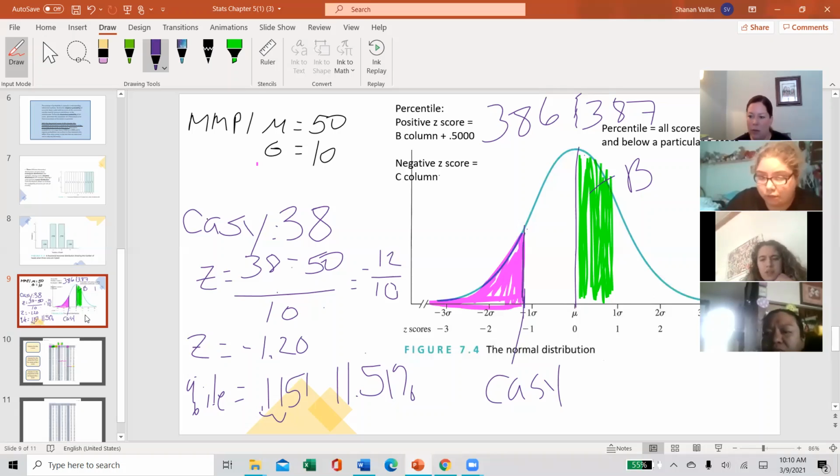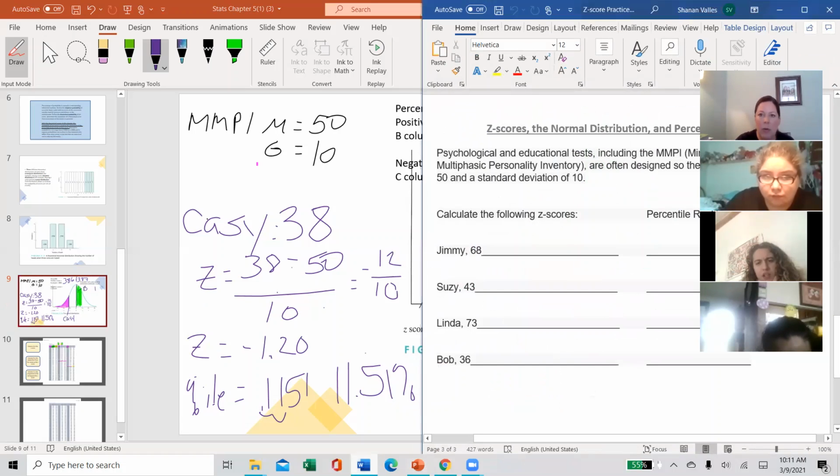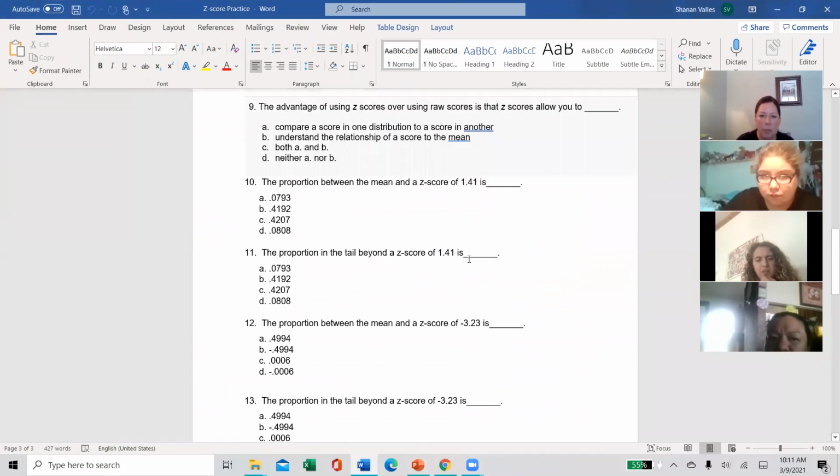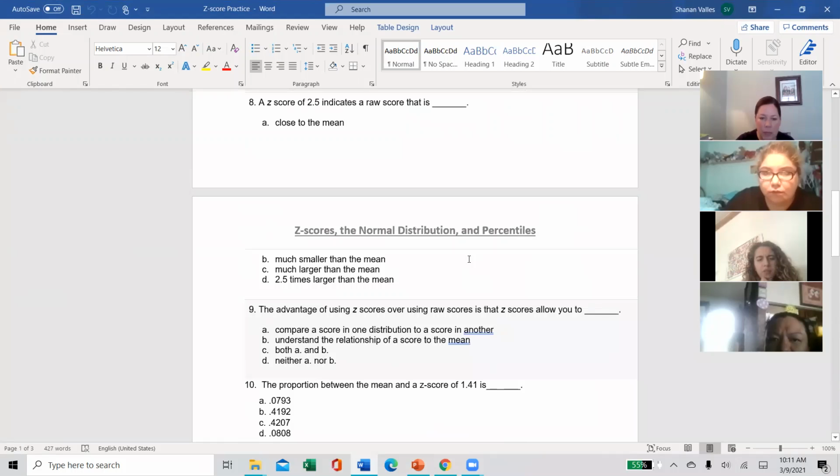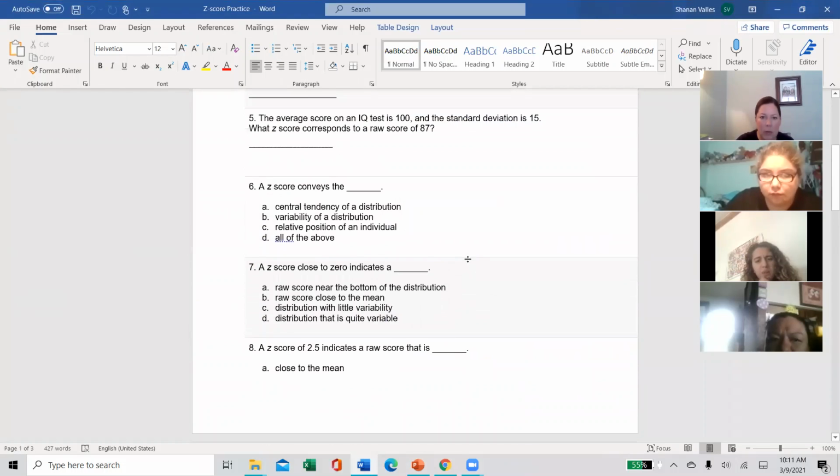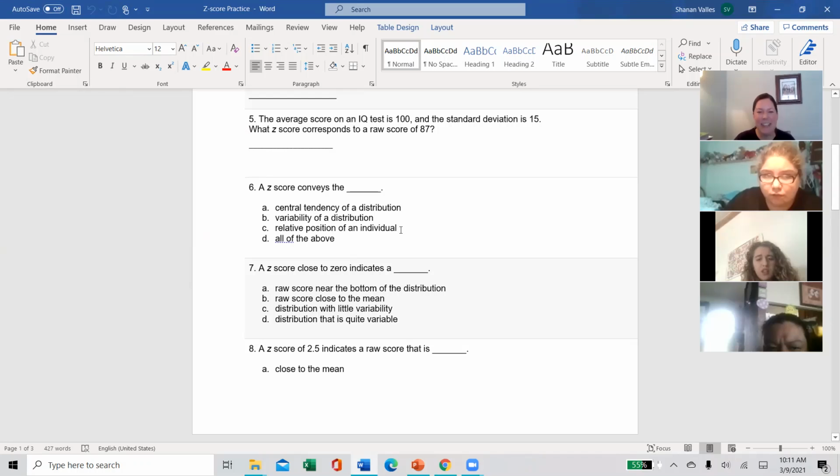Yeah, as I'm doing this, for one of the multiple choice questions, number 6, would it be that it's just C? Yes, C is right on that one.